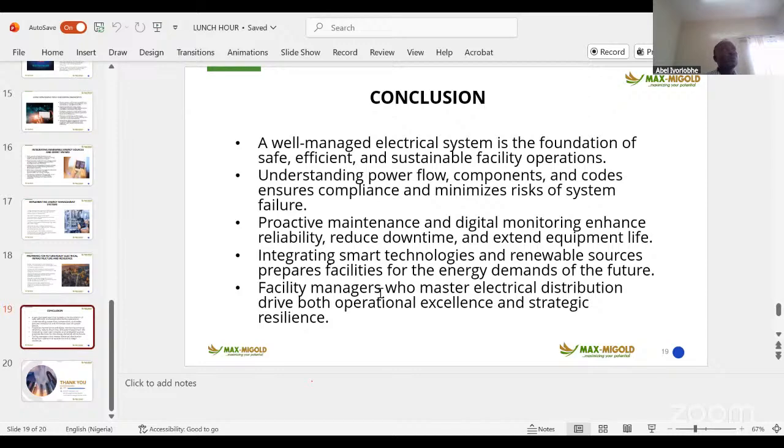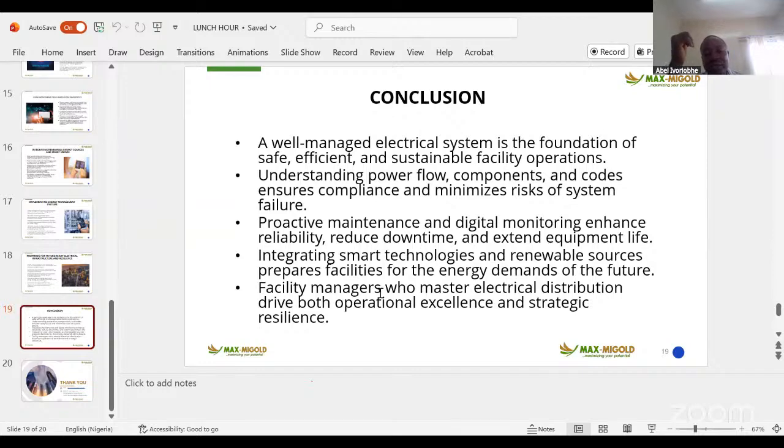Like some people still use fluorescent bulbs, these 18 watts and 36 watts, whereas 10 watts or 7 watts can do the same job of illumination. So these are the things you pay attention to.